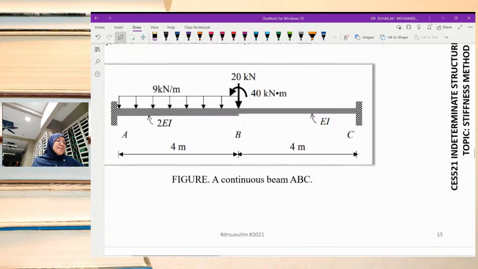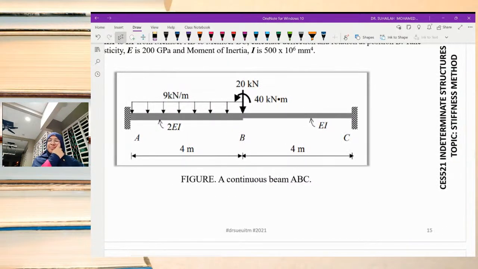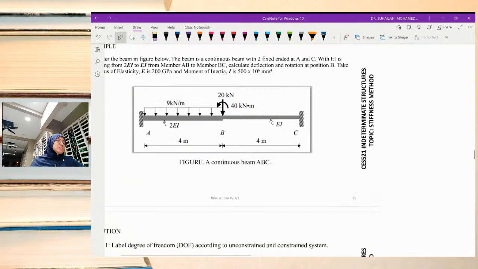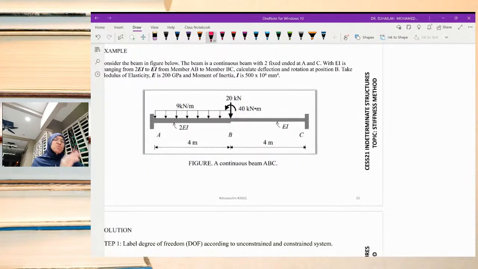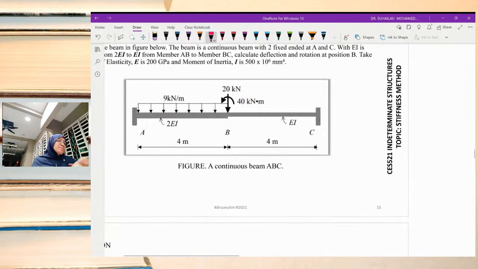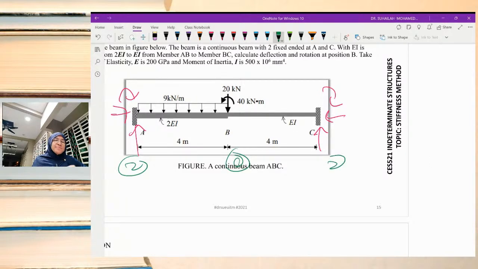By looking at this beam, there are two fixed supports. Conventionally, it is 3 and 3. But since we don't have to count x, we just need to count 2 here, 0 here, 2 here.